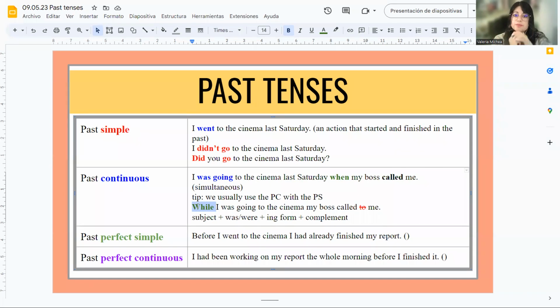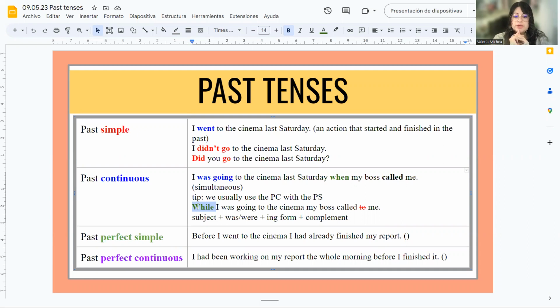So it is possible to use the past continuous with two past continuous forms if you wish. So I was going to school while you were going to university, right? Two simultaneous actions happening at the same time. That's the idea with the past continuous.